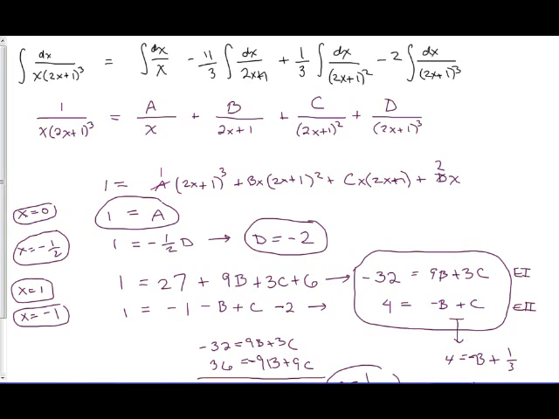So let's get rid of what we have down there below so we have more room to work.